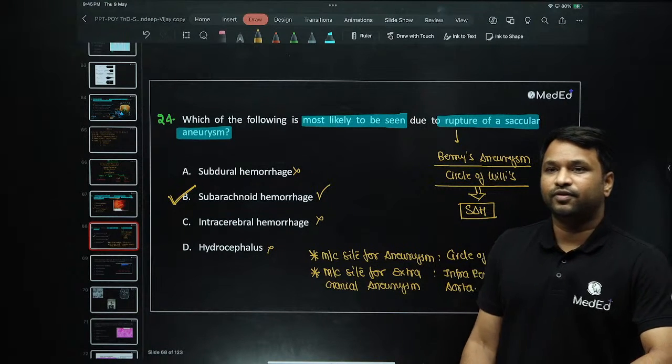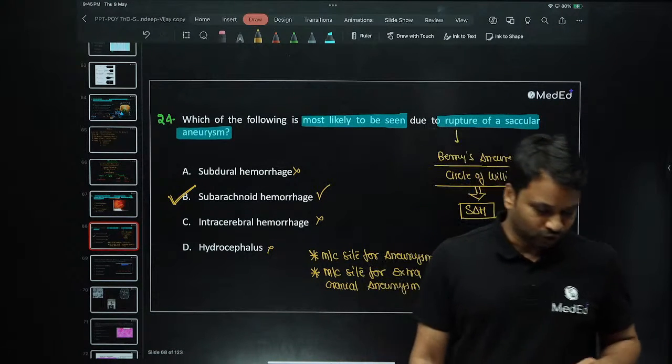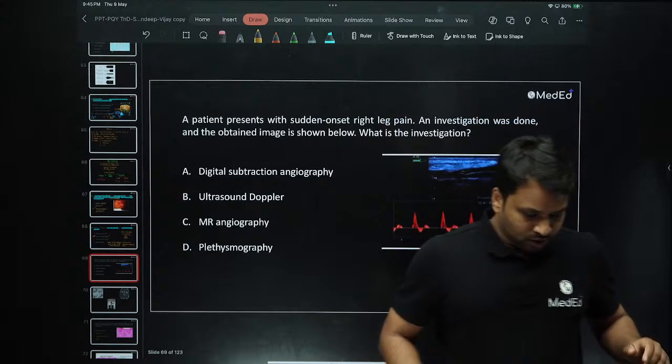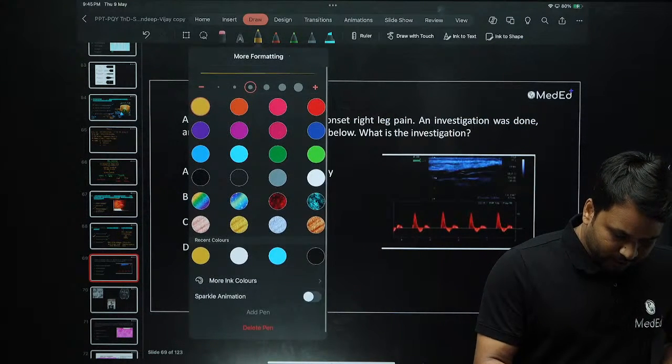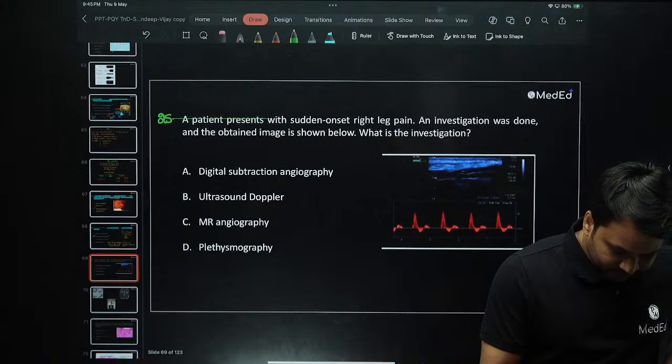Right? It's the infrarenal abdominal aorta. Okay? Chalo. So the last question for today is question number 25.